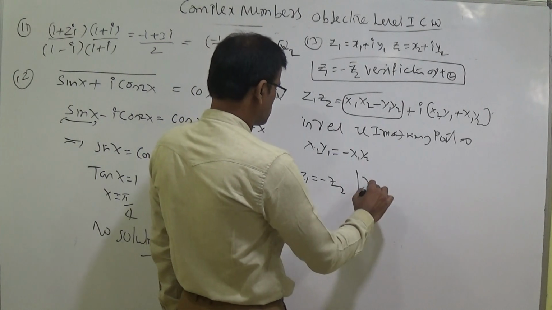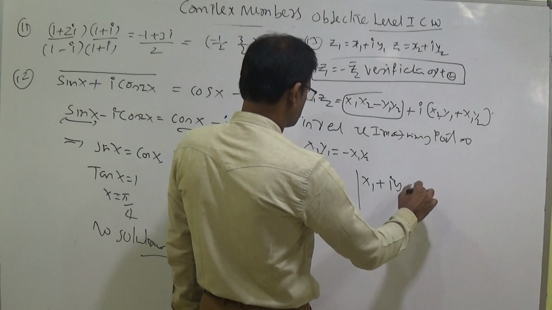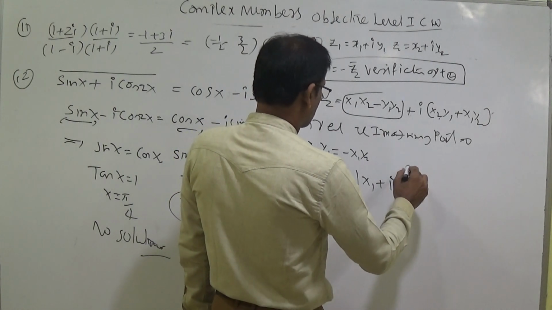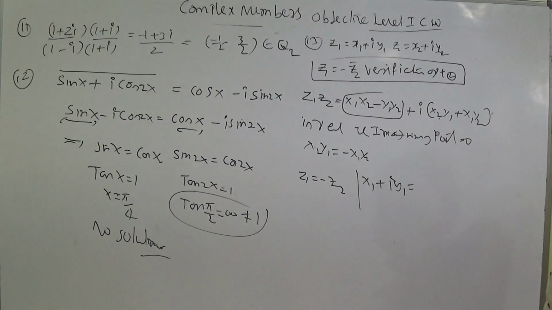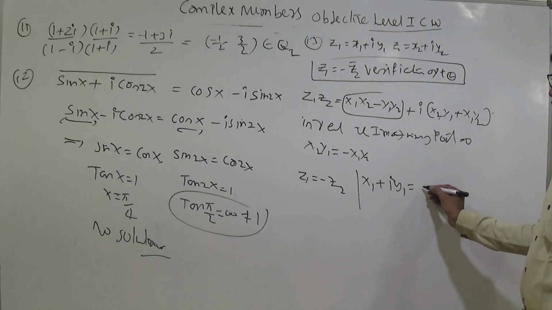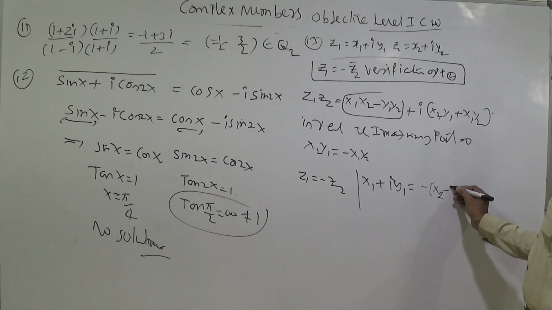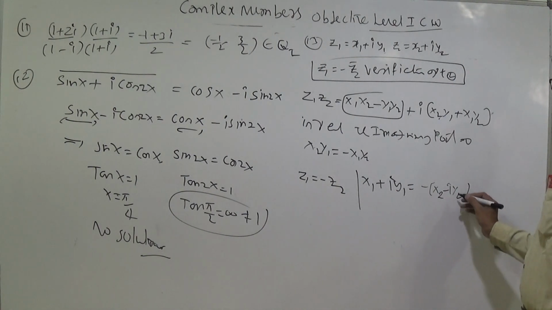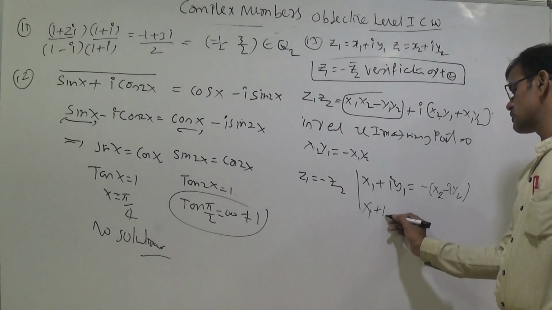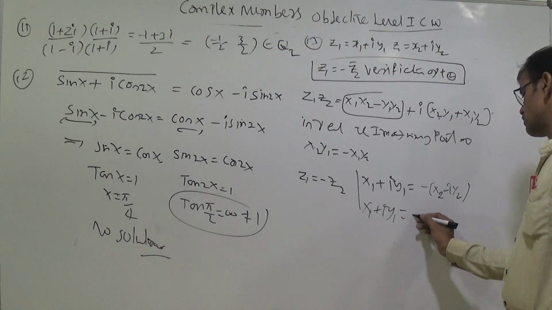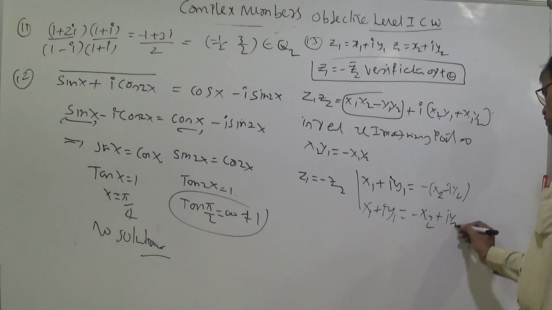So what is Z1 here? x1 plus I y1. And what is Z2? x2 plus I y2. Minus of x2 minus I y2. So x1 plus I y1 is equal to minus x2 plus I y2.